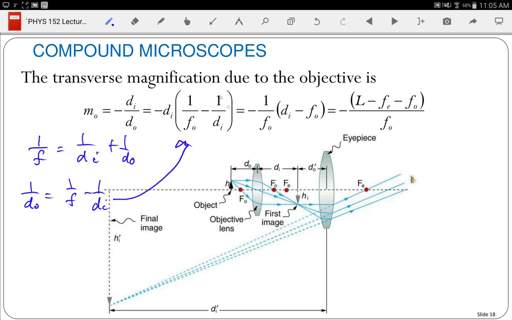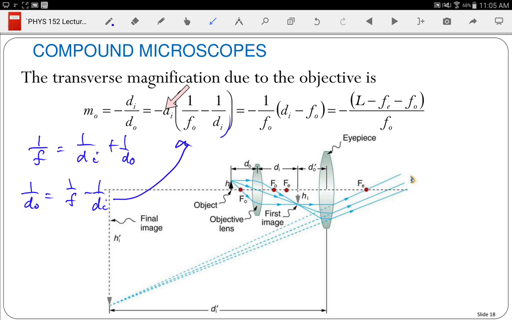This term here does not have focal length of the objective. So if I factor out 1 over focal length objective, I'm going to have to put a focal length objective up here on the top because there was nothing to factor out. And so that's where this focal length objective comes from.